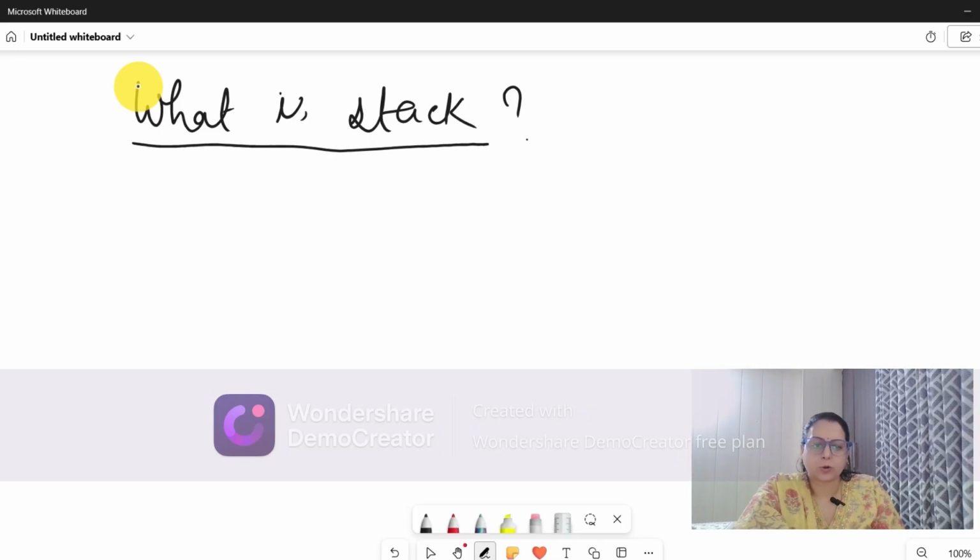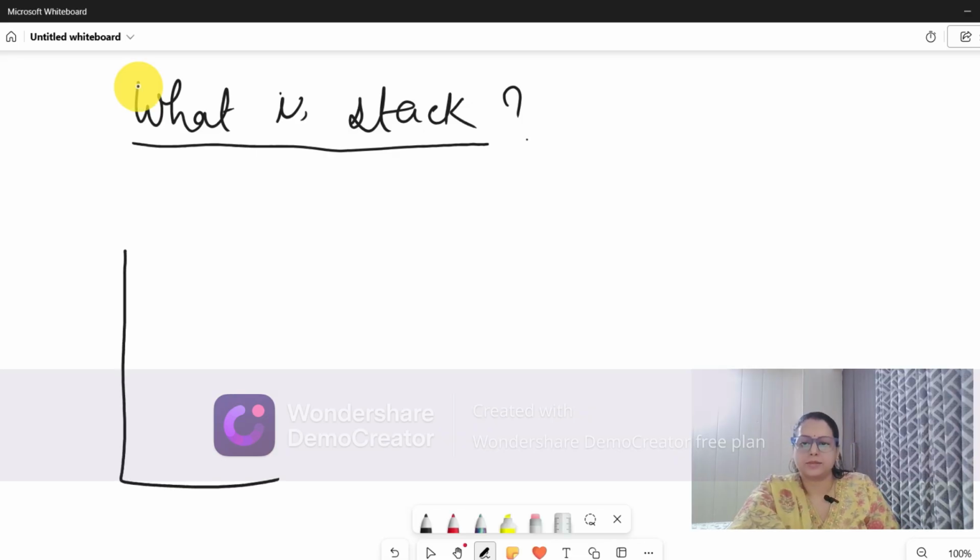Among these we have to choose one and accordingly we take it for our use. When we have to choose a stack, we have to keep in mind the structure is like this. Means we can assume it as the array structure.